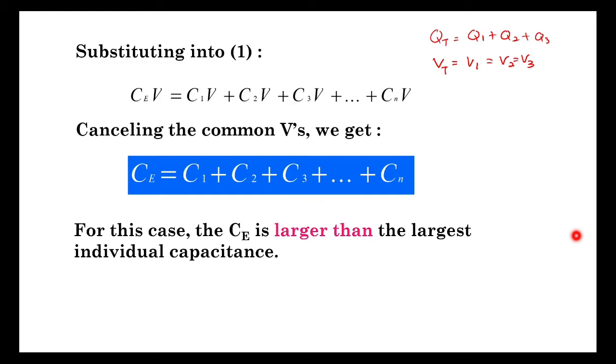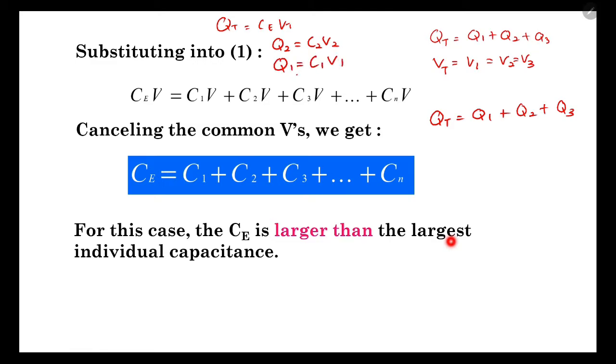Because Q total is equal to Q1 plus Q2 plus Q3, we use that formula. We know that Q total is equal to C effective times V total, and we know that Q2 is equal to C2 V2, Q1 is equal to C1 V1, and Q3 is equal to C3 V3.